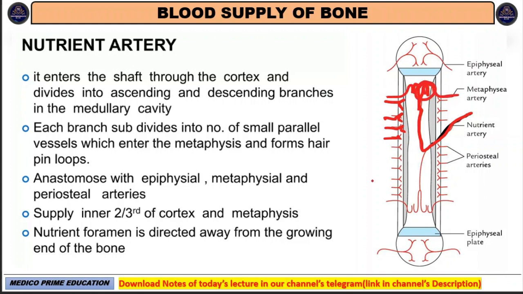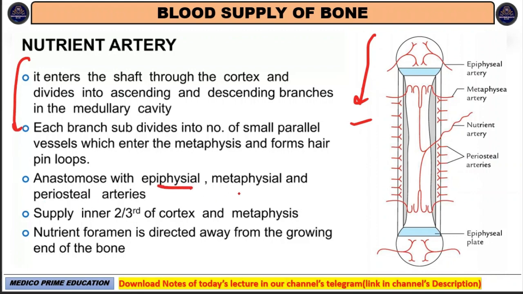It gives many small parallel branches and anastomoses with the metaphyseal and epiphyseal arteries also. This is the basic diagram, which you have to draw in your copy. What I have said is all written in this slide, so you can read it.